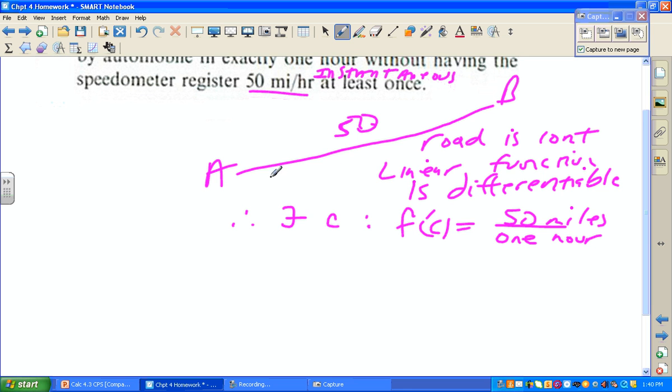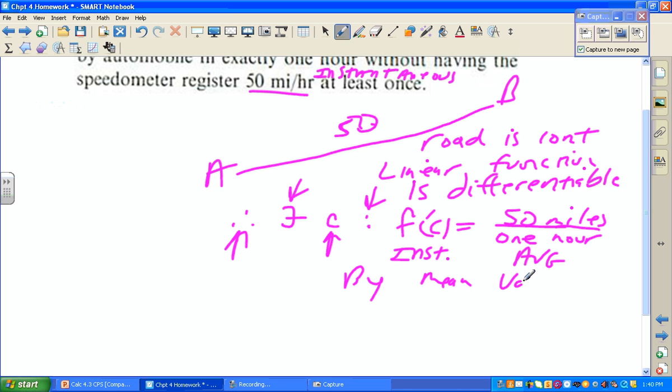We're just saying that the road is continuous. It makes a linear function, and that's differentiable for all values. Therefore, there exists C such that the derivative equals 50 miles traveled in 1 hour. So the instantaneous equals the average rate of change. That's by the mean value theorem.